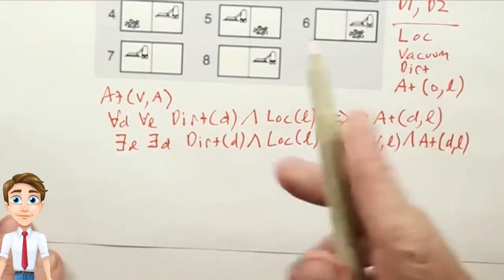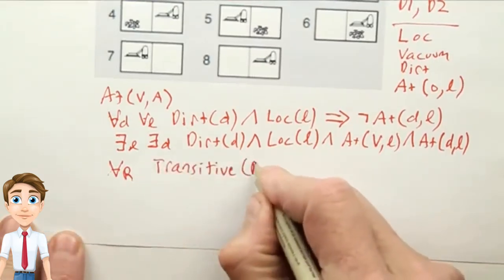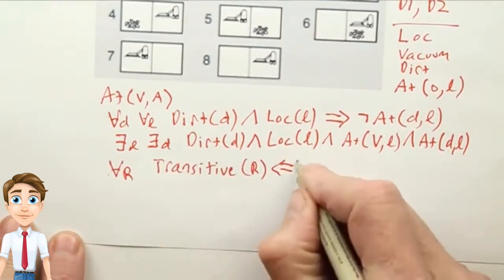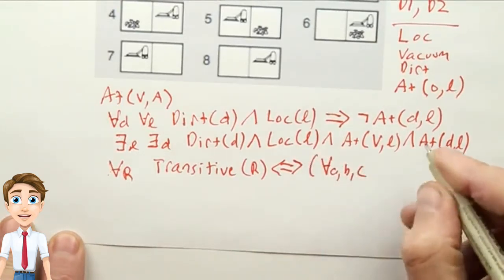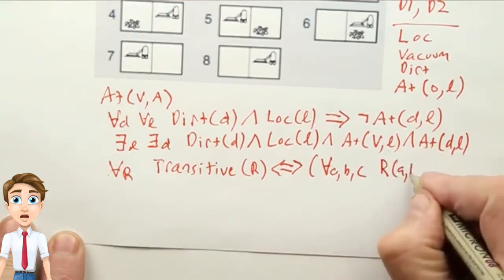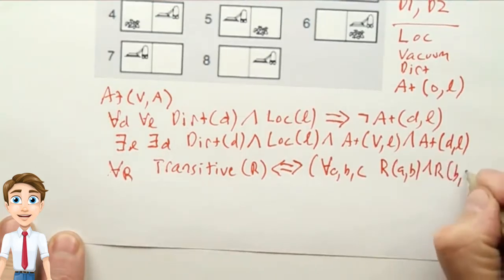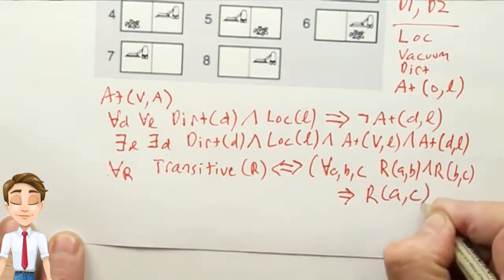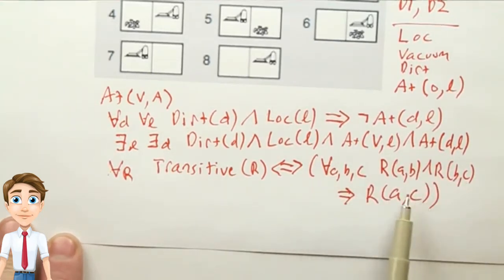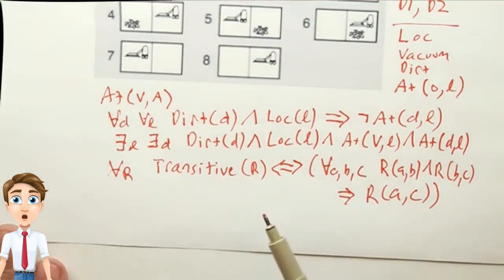And so we could say, for all R, Transitive(R) is equivalent to, for all A, B, and C, R(A, B) and R(B, C) implies R(A, C). So that would be a valid statement in higher order logic that would define the notion of a transitive relation, but this would be invalid in first order logic.